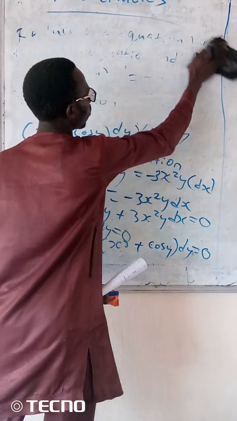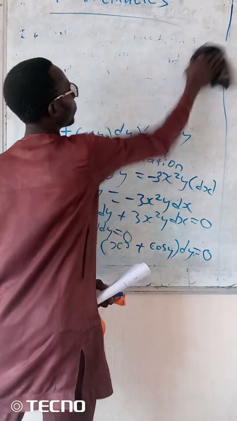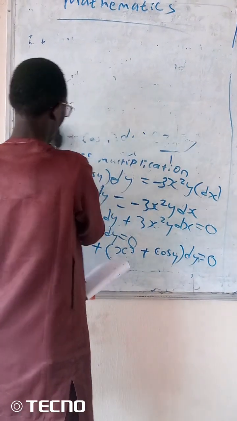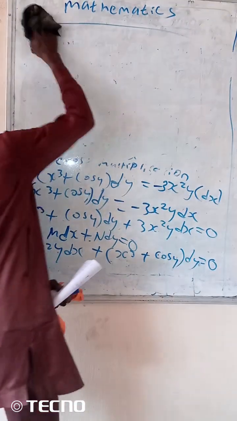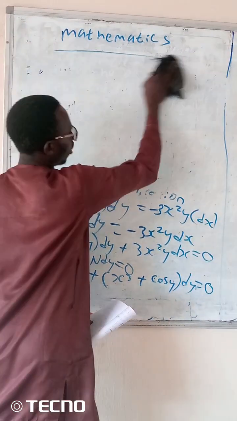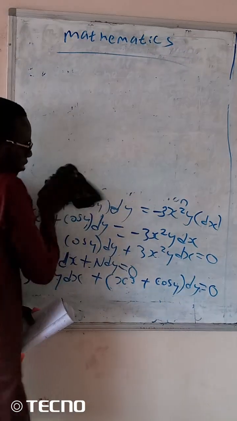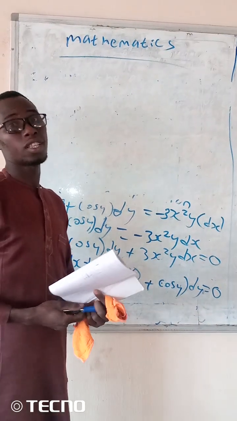Anytime you're solving this question, you need to take it step by step. Because, of course, you know that in mathematics, we mark steps. So when you follow it step by step, it will be easily understood.